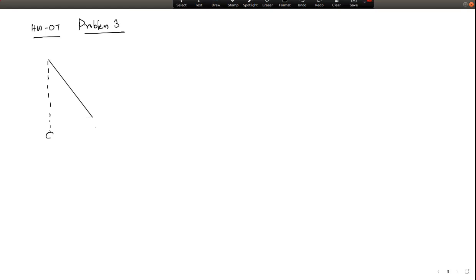So mass M, it's expected to swing along a circle of radius L. So that's L, and this whole length is also the same length L. Let this point be point A, and the point at the bottom be called B.